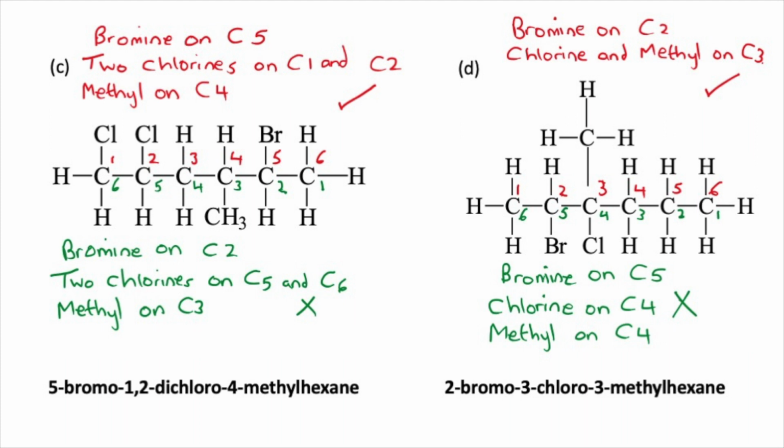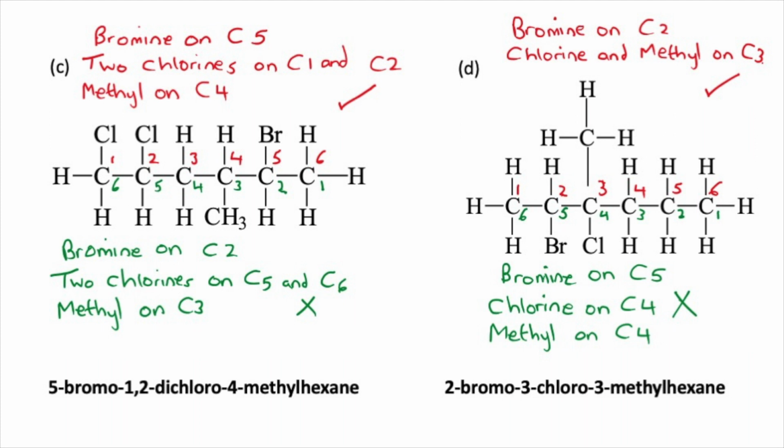Now 1, 2, 4 and 5 is a lower set of numbers than 2, 3, 5 and 6. So therefore, left to right is the appropriate way of numbering it, as I've done in red here.